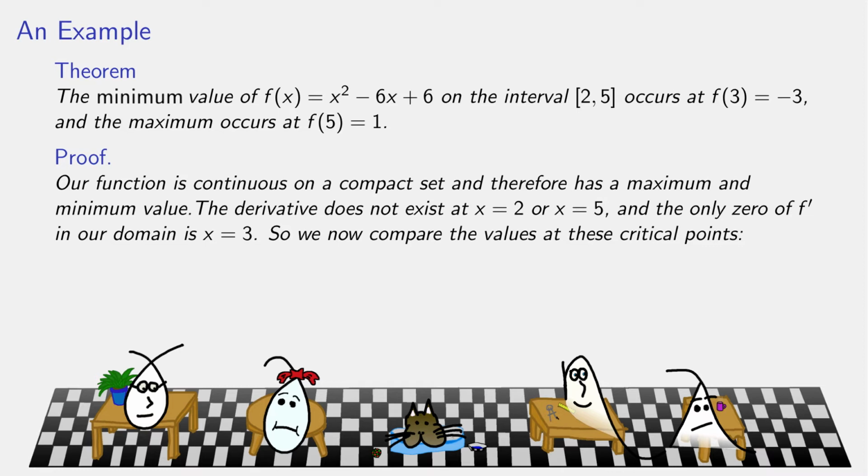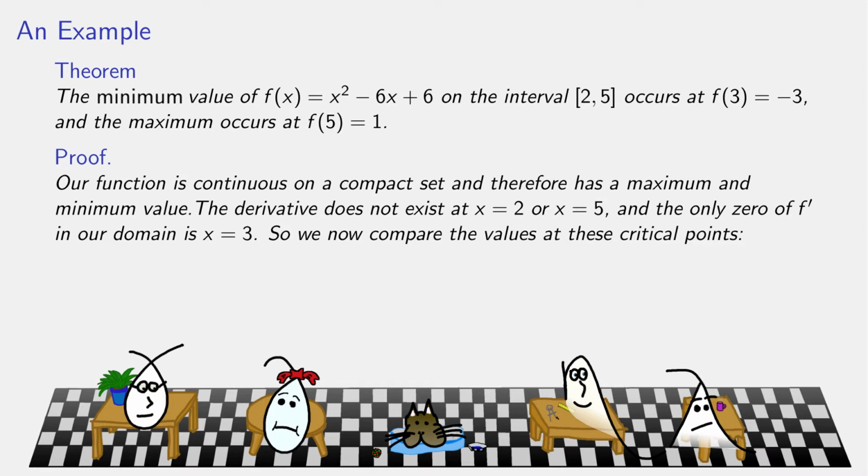And now we know if the maximum or minimum happens at a point where the derivative exists, the derivative must be 0. But it could also happen at a point where the derivative doesn't exist at all. So wherever the max and min are, either the derivative is 0 or the derivative doesn't exist. In other words, maxes and mins must happen at critical points. And now we have 3 critical points, the 2 endpoints and x equals 3.